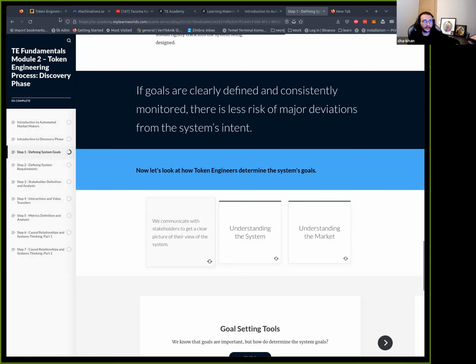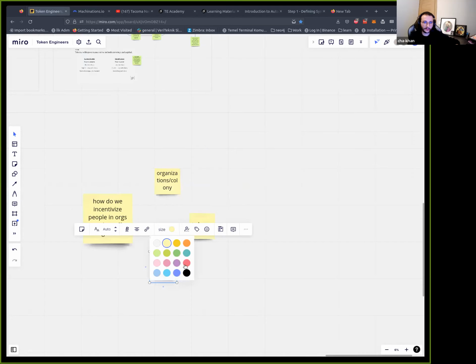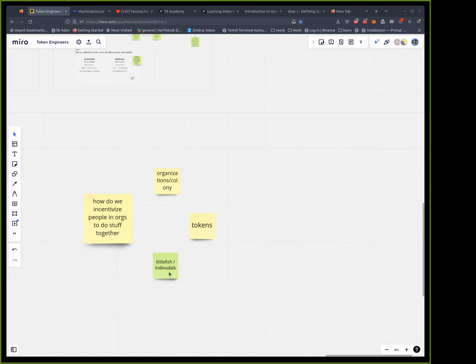So who are our stakeholders? It's both, right? The individuals and the colonies. And the way I'm interpreting that first one is that the community itself clearly understands what the value and the worth is of these particular tokens and this economic system.